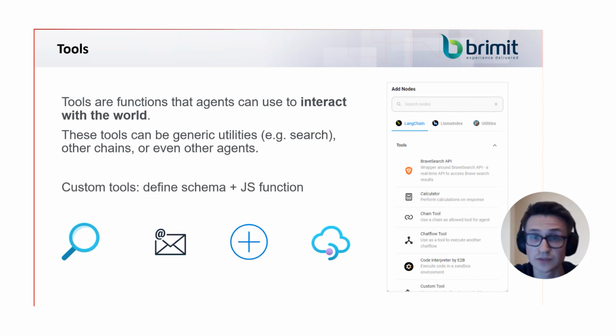So Flowise comes with a set of predefined tools, various search APIs, integrations, other chains, other agents, other models, but it also provides an option to write a custom tool. For this, you just need to define a schema for the input object and a JavaScript tool function body.